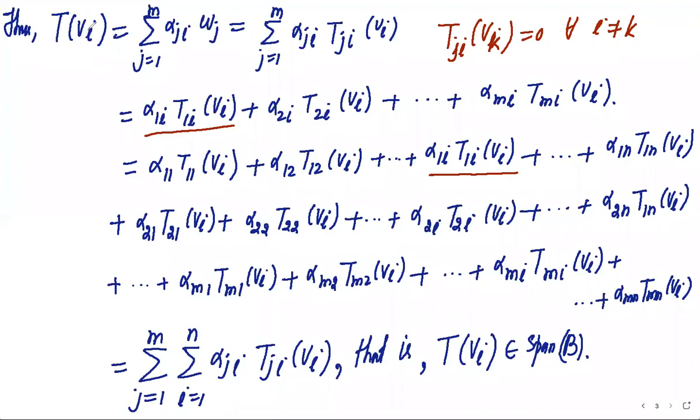Okay? So therefore every linear transformation t in L(V,W) can be expressed as a linear combination of t_ji's. So is it clear now?